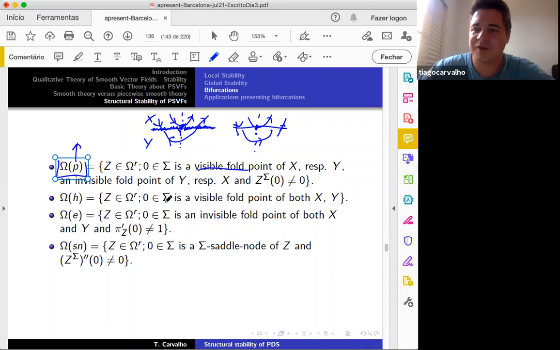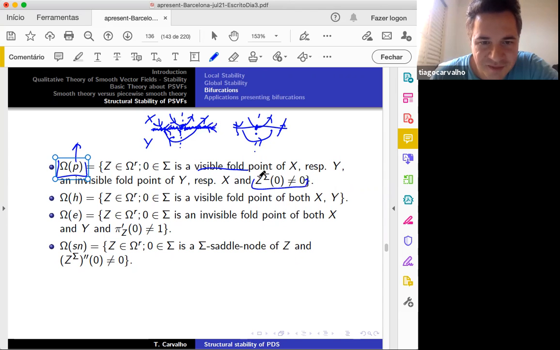The orientation, I will not put the orientation of the sliding vector fields here because it must be studied. But there is a hypothesis here that this sliding vector field, even in this case, is not zero.